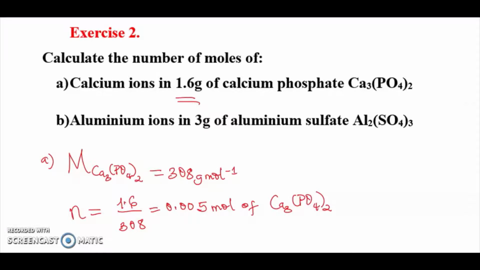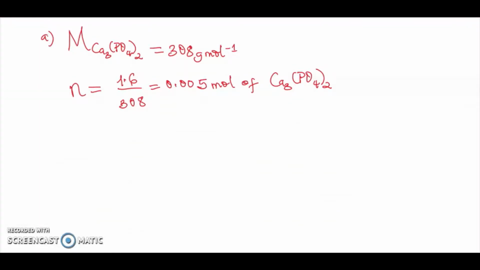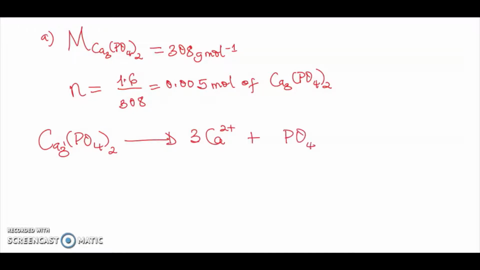Good. So this is the number of moles of calcium phosphate. Remember, we have to calculate the number of moles of calcium ions in calcium phosphate. So let's dissociate calcium phosphate and see what we get. Here we have calcium phosphate. So upon dissociation, we have... So we can see that 1 mole of calcium phosphate contains 3 moles of calcium ion.